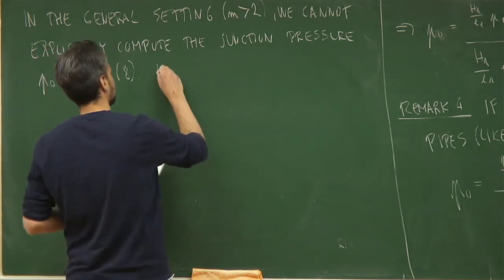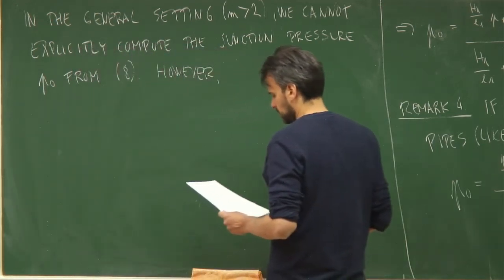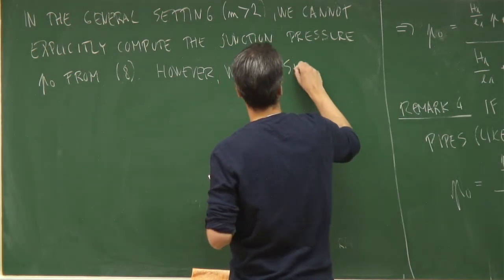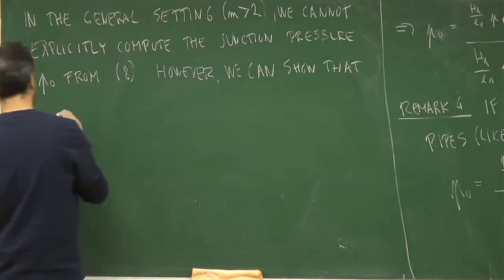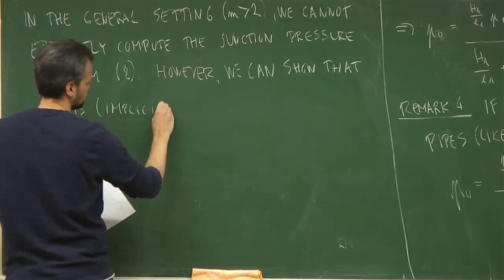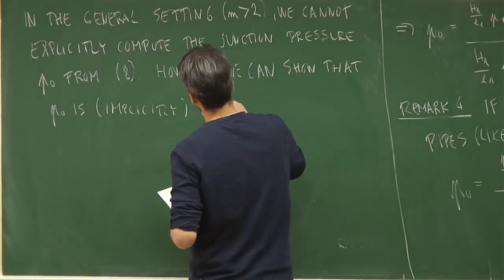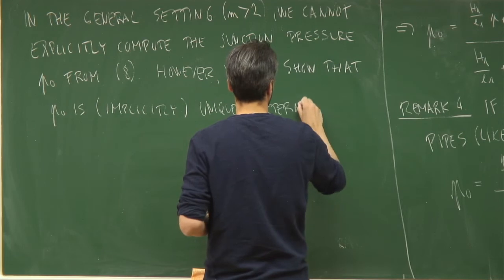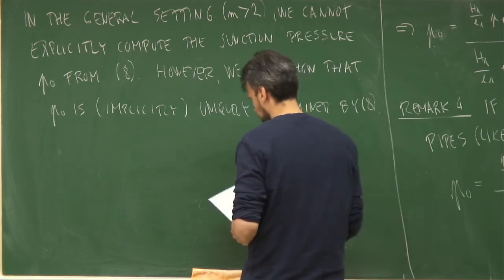However, and this is in some sense a novelty, maybe, we can show that P0 is of course implicitly uniquely determined by 8.